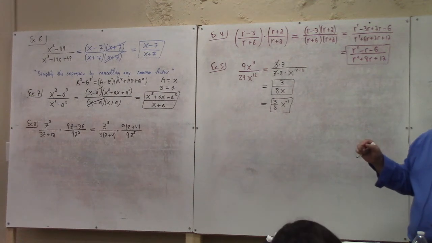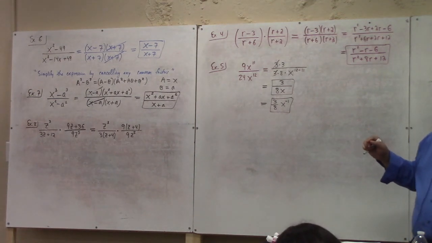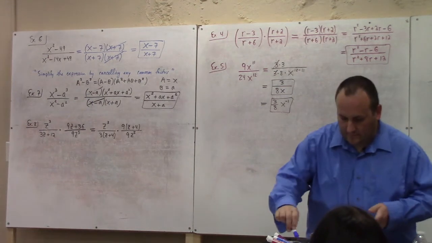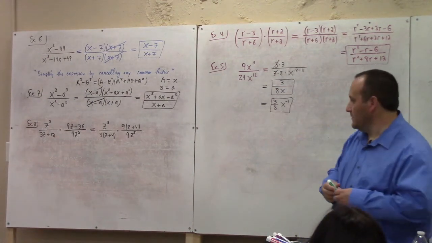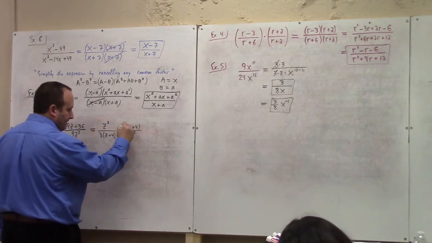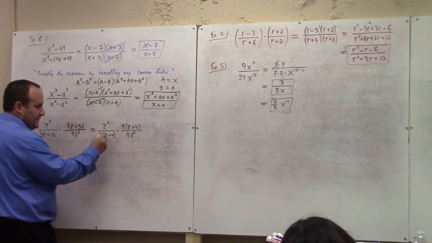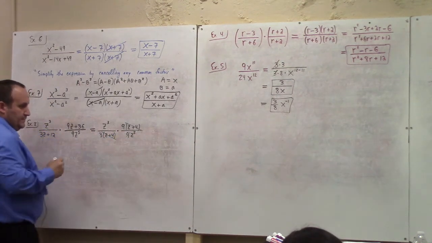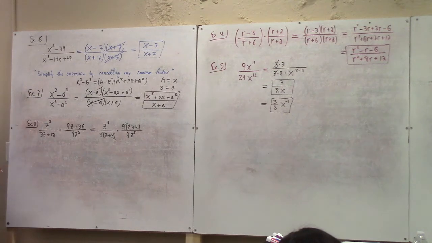Oh, look at that. Now I can see stuff. You see that? These 9s cancel, right? But what else cancels? The z plus 4 cancels. We still got a 3, right?